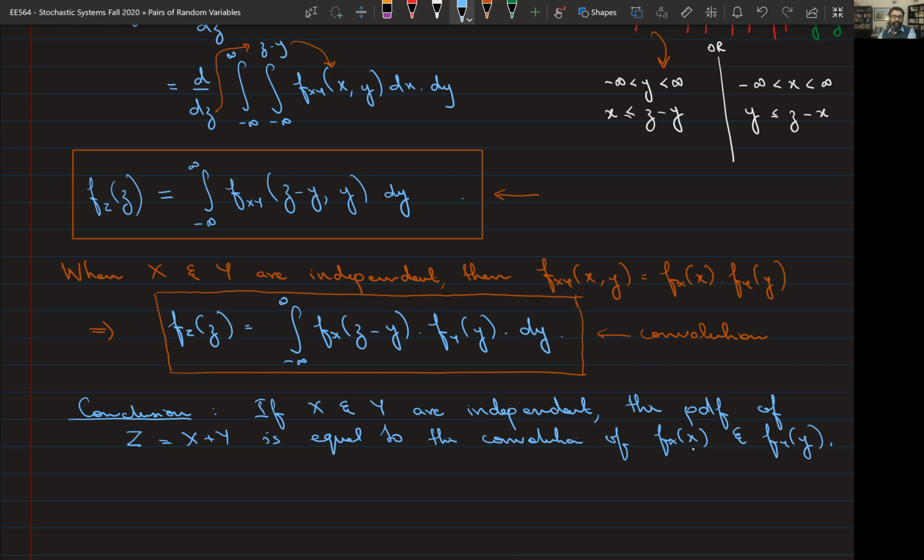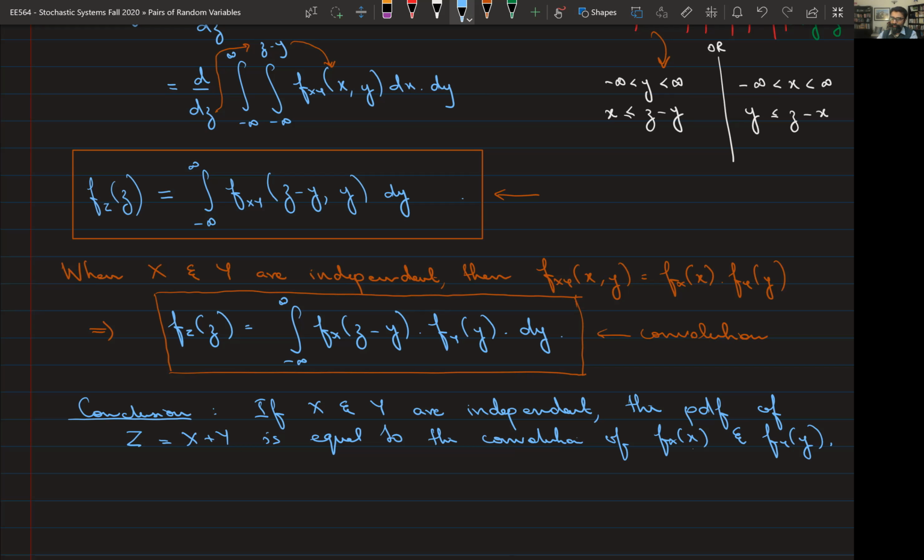And by the way, you can derive the result for discrete random variables as well. If x was discrete and y was discrete and z was equal to x plus y, then you could prove that the PMF of z is equal to the convolution of the PMF of x and the PMF of y, given that they are independent. That's not too hard to prove, so try doing that.